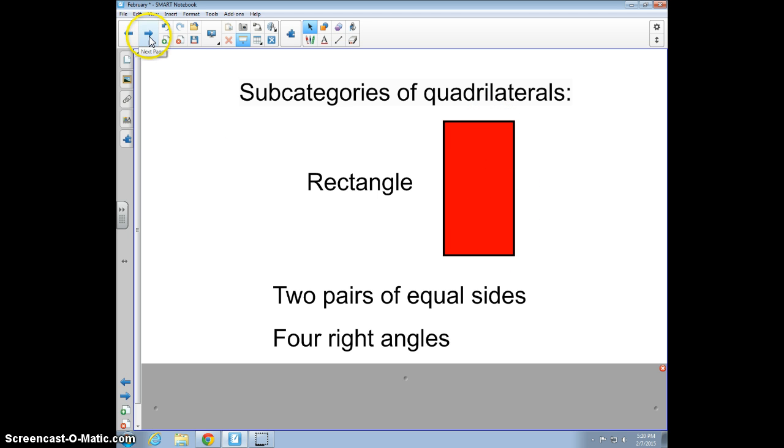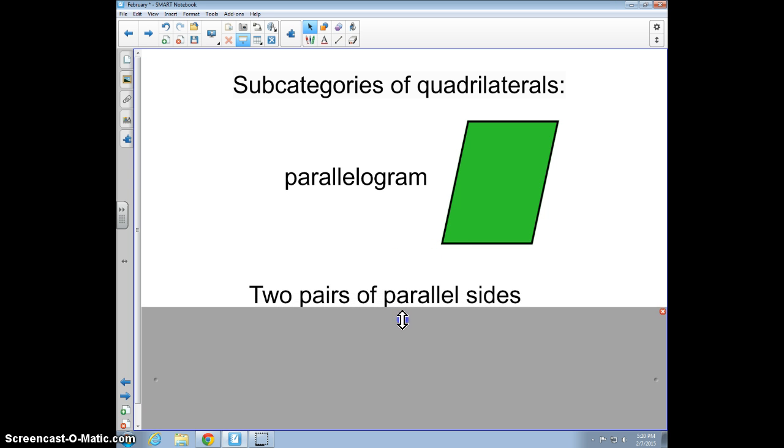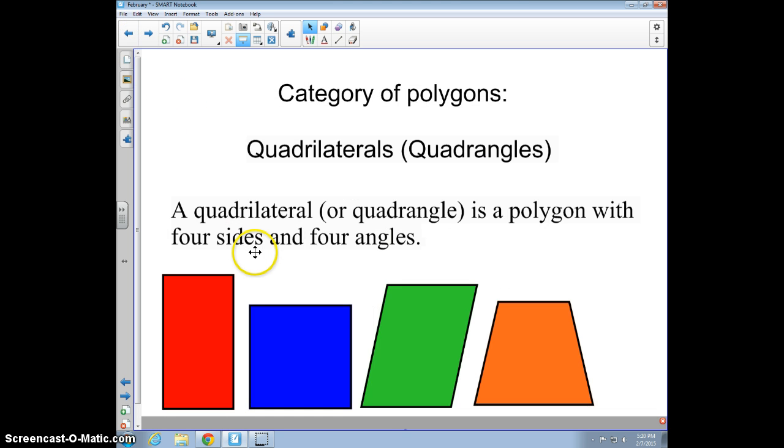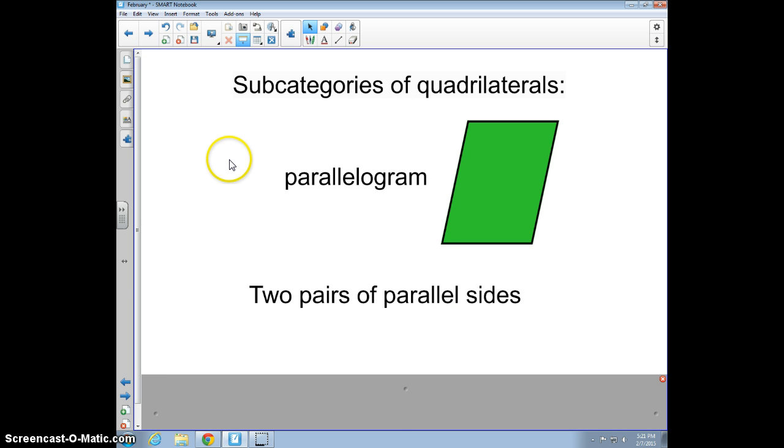Okay. Our third subcategory of quadrilaterals today is a parallelogram. So the attributes of a parallelogram are just 2 pairs of parallel sides. So of course it also has to have the same attributes of any quadrilateral, which, as you will remember, has 4 sides and 4 angles. So all of these subcategories we're going to look at have 4 sides and 4 angles.